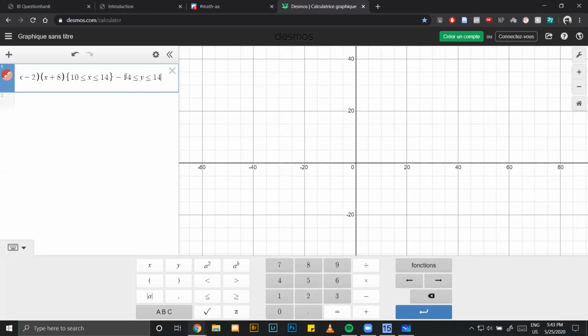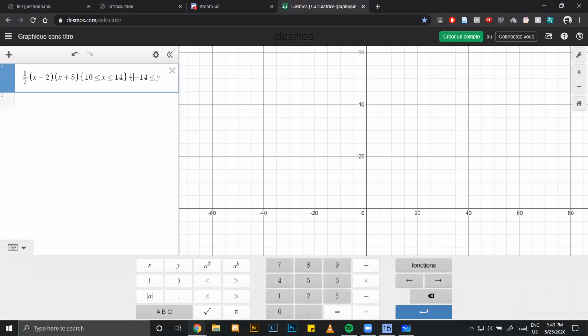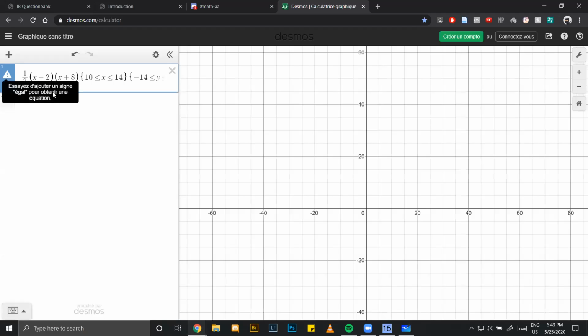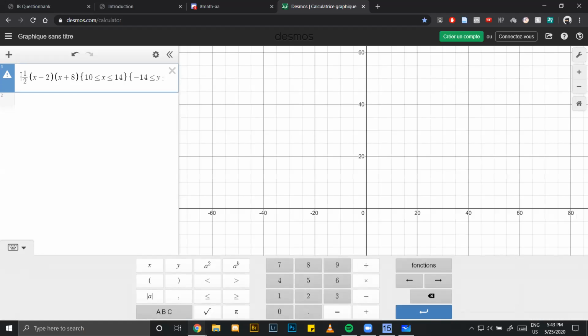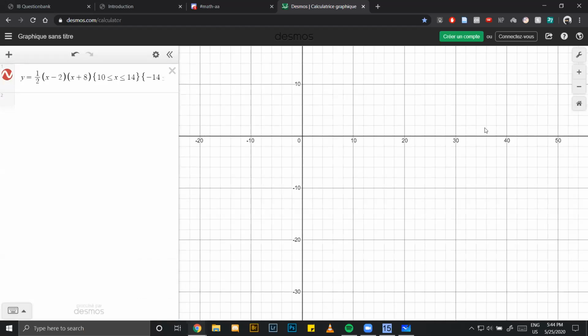I did do two different curly braces. What is happening? Where is it? There. Oh, here, there. I had to put y is equal to. Why can't I see it anywhere?